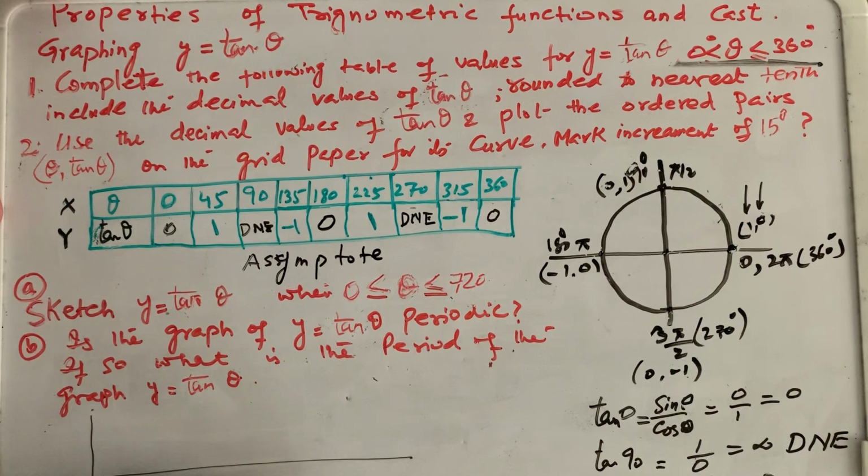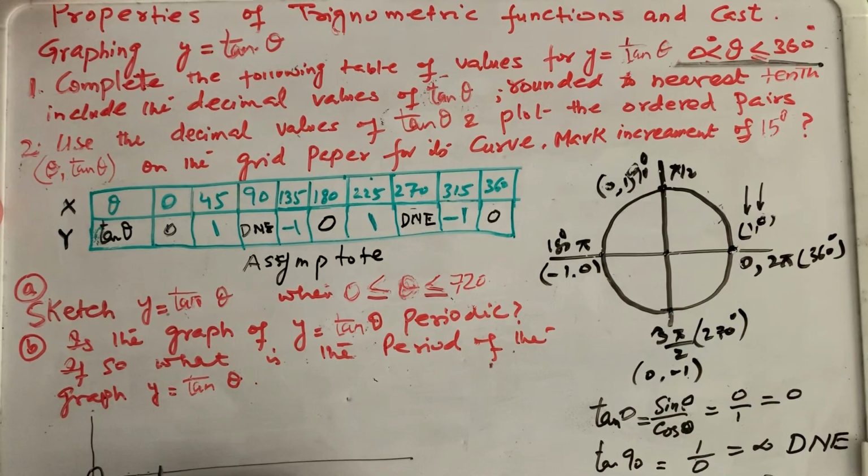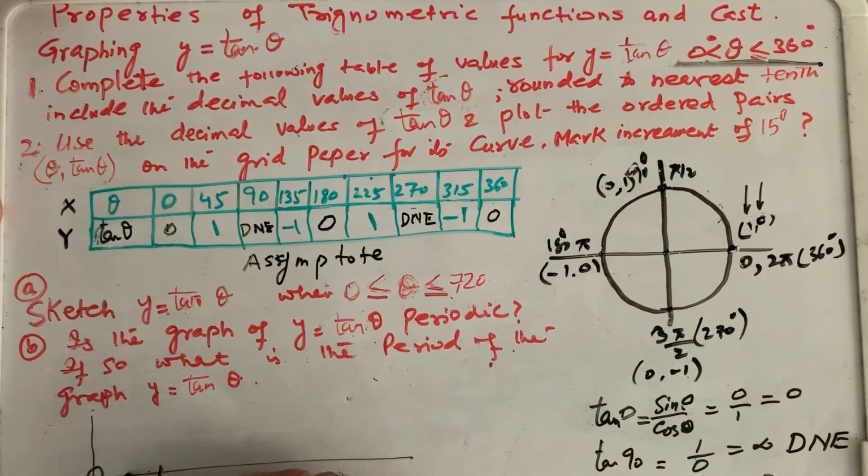So when theta is 0, I am here at (0, 0), the first value. When theta is 90, I have DNE. We have to move like 15, 1, 2, 3, 4, 5, 6, this is my 90, and at 90, I have DNE. So that means this curve will go, and at 45, I have 1.